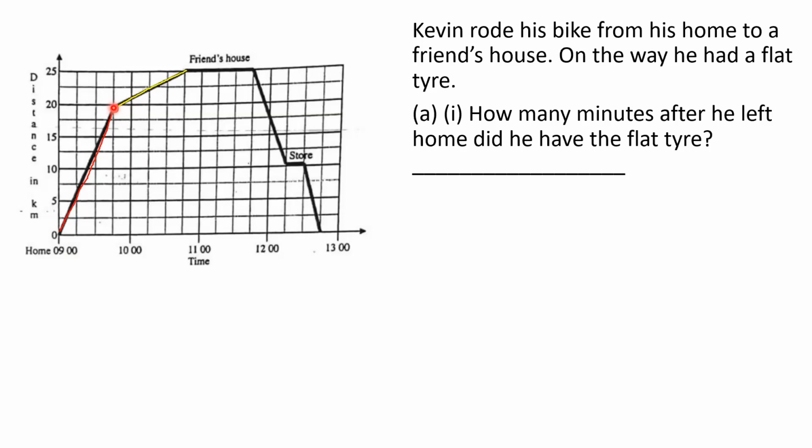Now the question is, what time is that? In order to figure out the time for that, we have to go down and down and all the way down right here. That's how we'll know the time for the flat tire. So the flat tire occurred right here.